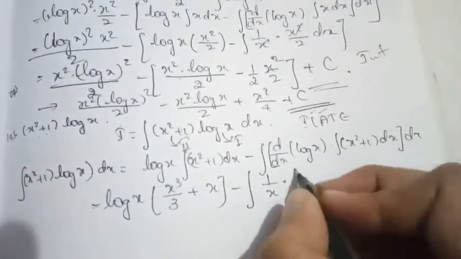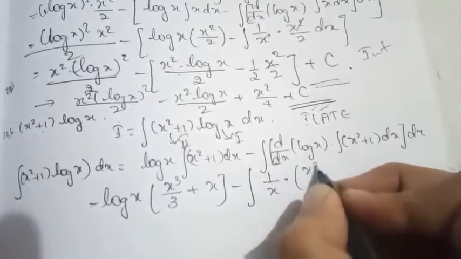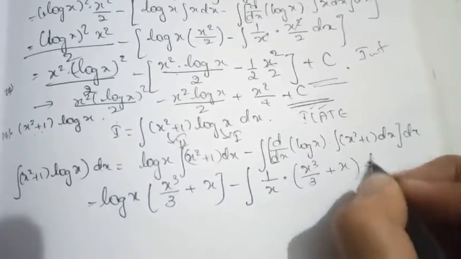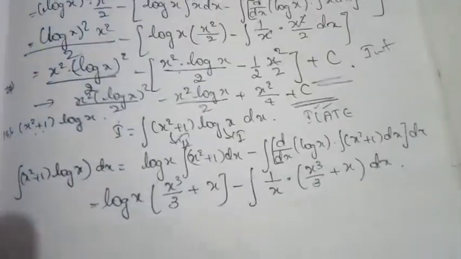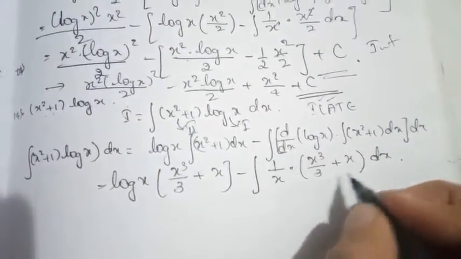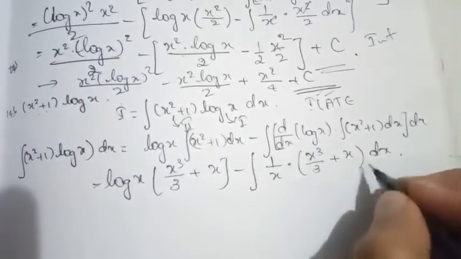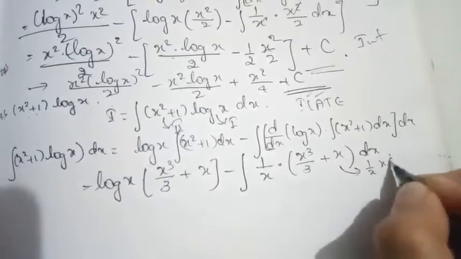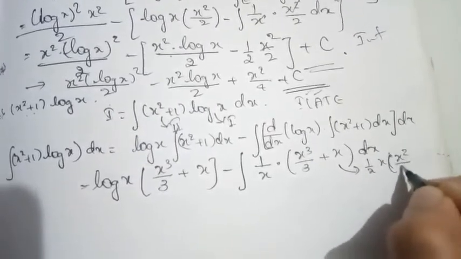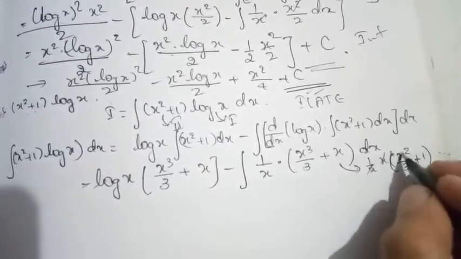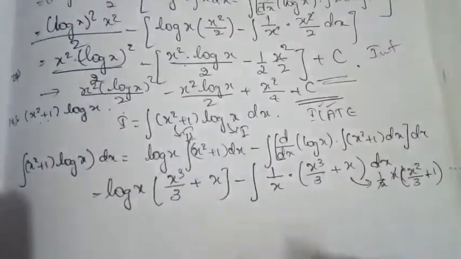Again, integration of x square with respect to x is x cube by 3 plus x, into dx. So here x is common, if we take that x common outside, what happens? 1 by x into x square by 3 plus 1. Here this x gets cancelled, so the remaining is x square by 3 plus 1.